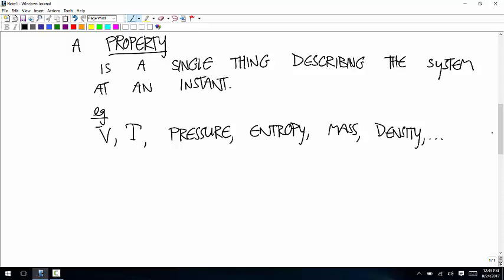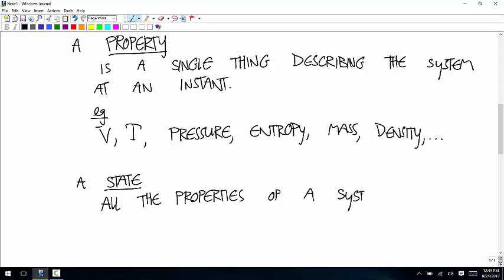That's just what's going on at that instant. So that's all the properties of a system at a single instant.